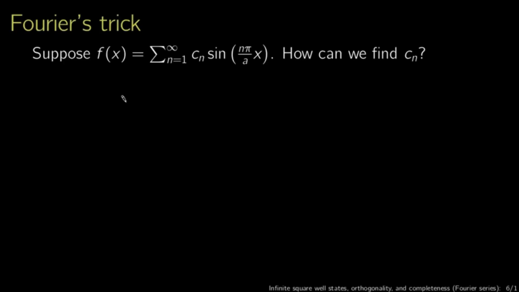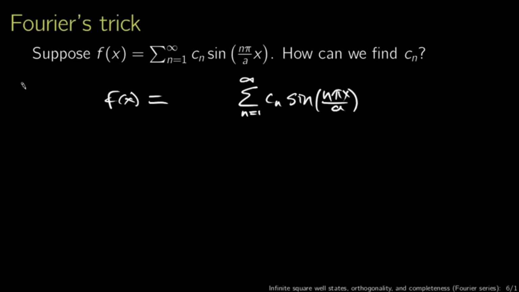And it turns out that you can do this pretty easily. What you do is take f of x, which is equal to the sum over n equals 1 to infinity of C sub n sine n pi x over a, and from the left I'm going to integrate both sides, but before I integrate them I'm going to multiply them by sine m pi x over a.